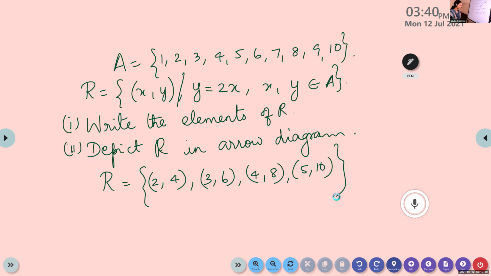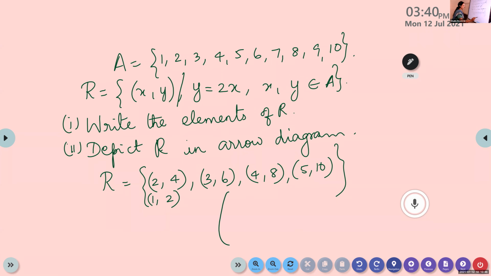Is it correct? Match it with your answer and tell me, is it correct or not? 1, 2 also, ma'am. Yes, Anashwarya, you missed this one. 1, 2 is included, isn't it?